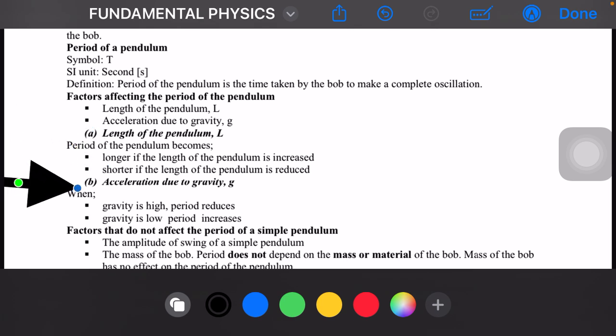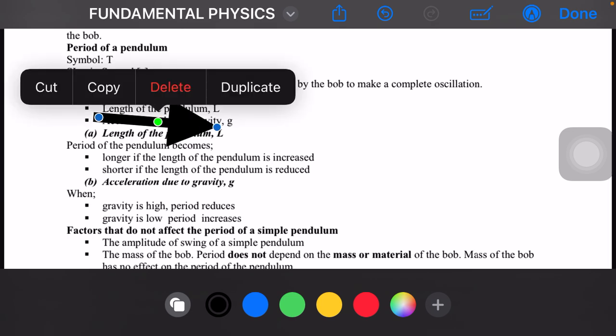Then when the question asks you to state the factors that do not affect the period of the pendulum, you need to mention these factors here: the amplitude of the swing and the mass of the bulb. Period does not depend on the mass or material of the bulb. Okay, I hope you have gotten that. That's simple and straightforward. Let's move on to the next part.